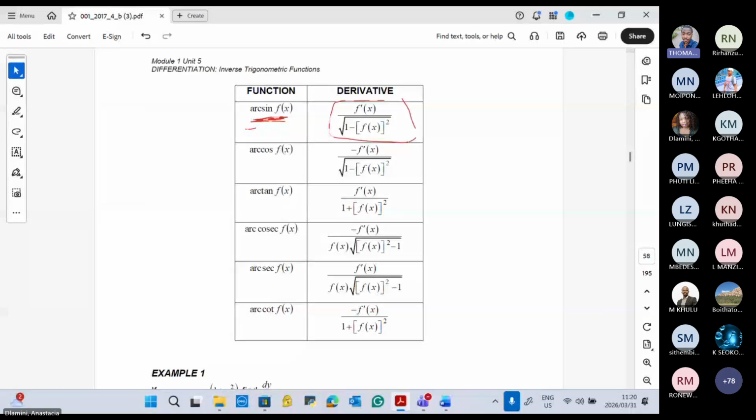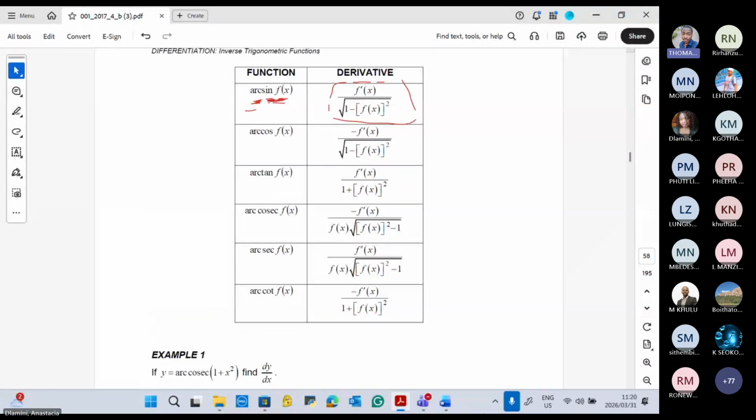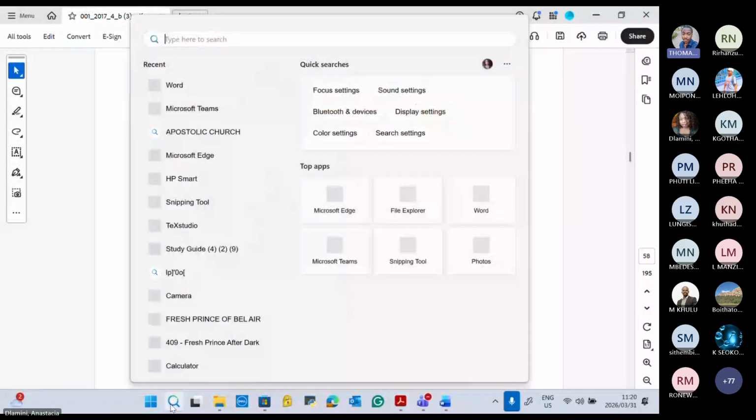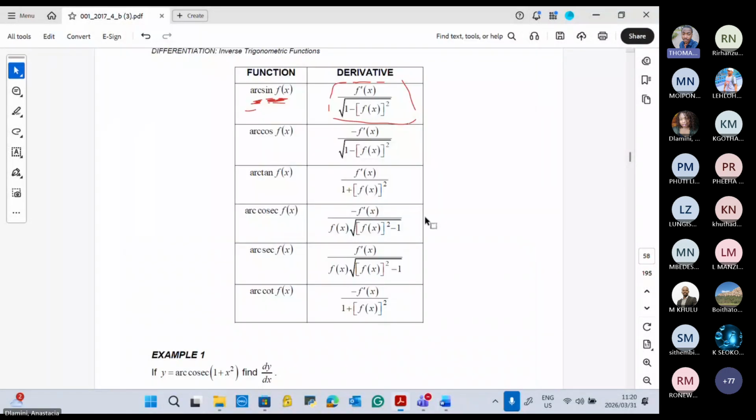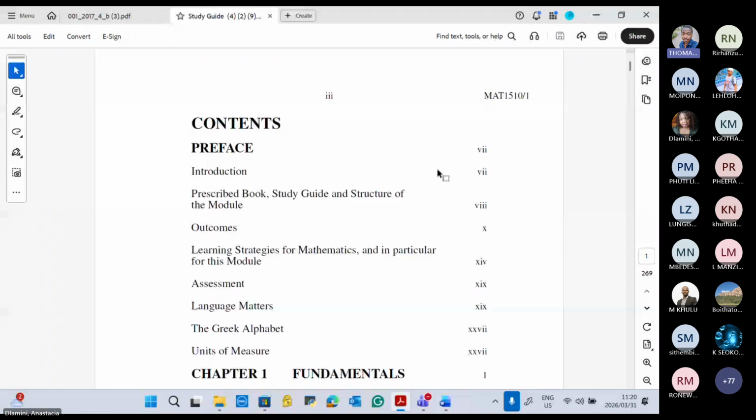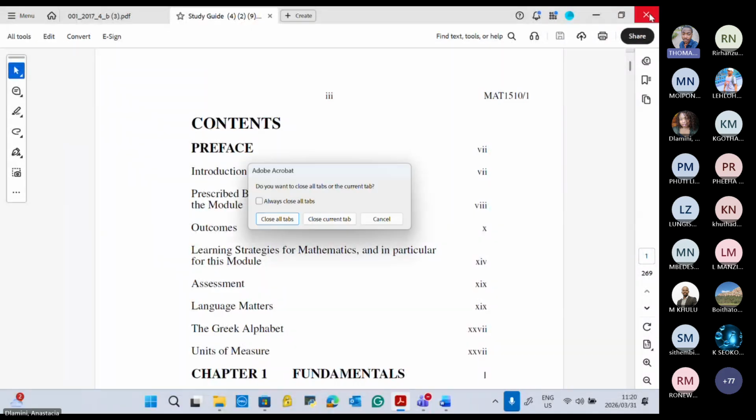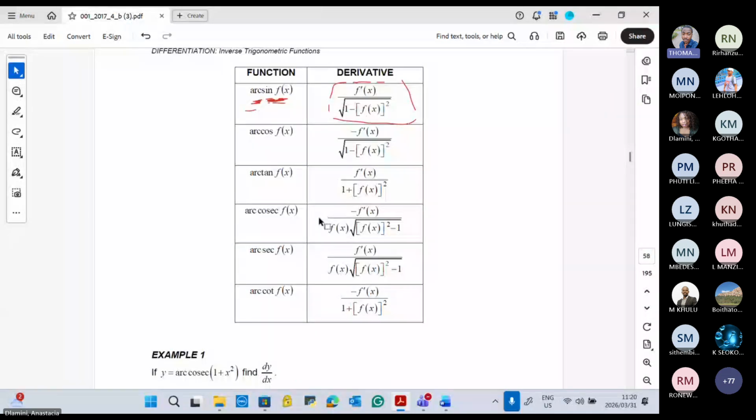Ma'am, before you move on, quick one. Let's say we have sine squared x. It's possible that you can move that square outside and square everything, because usually that's what we were doing on the previous differentiation. If we're given, let's say, sine squared x, we could move the square outside, so it's sine x all squared.